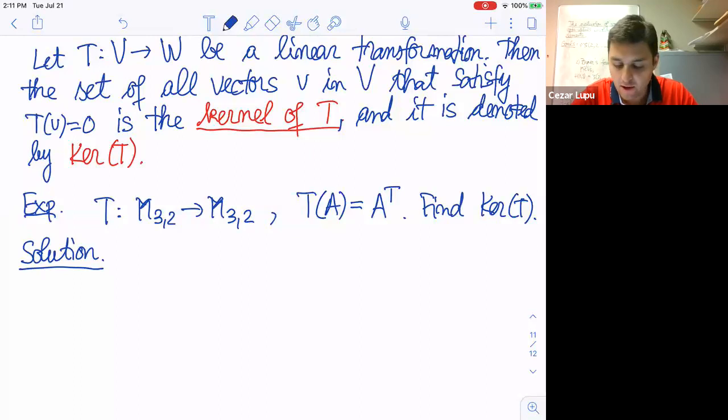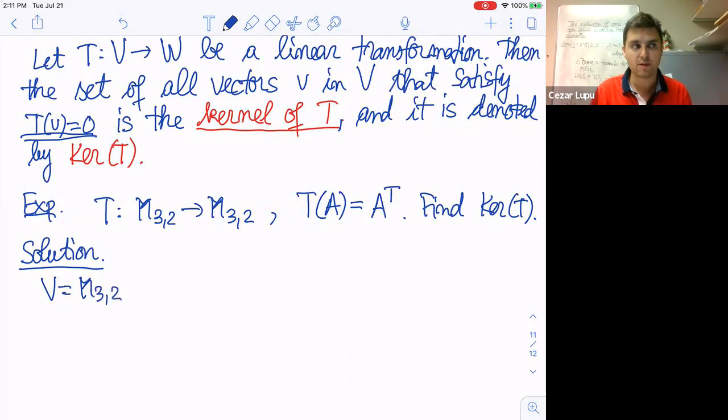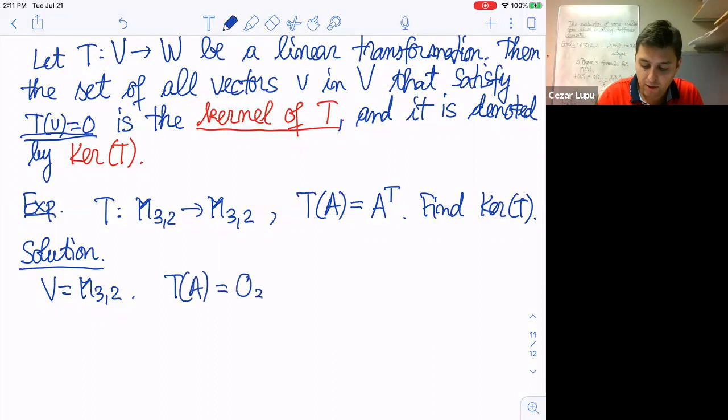We want to see the kernel. If you look at the definition, the kernel is the set of all vectors v in my vector space V such that T(v) is 0. Keep in mind, look at this: T(v) is 0. In my case, my vector space V is the set of 3 by 2 matrices. If I want to find the kernel, I have to look at this equation: T(A) equals O32.